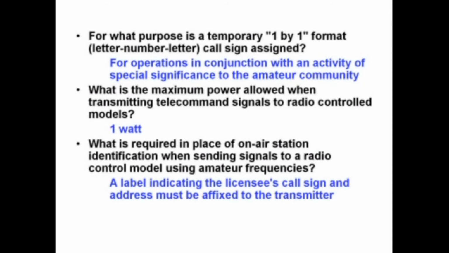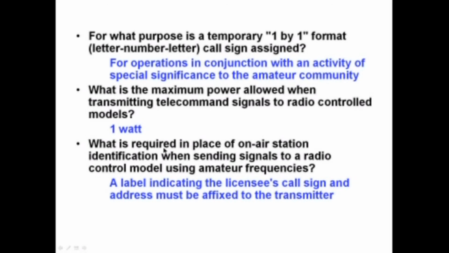What's the maximum power allowed when transmitting telecommand signals to radio-controlled models? Remember, one of the things we can do is use our transmitters for radio control. The maximum power allowed doing that is 1 watt.